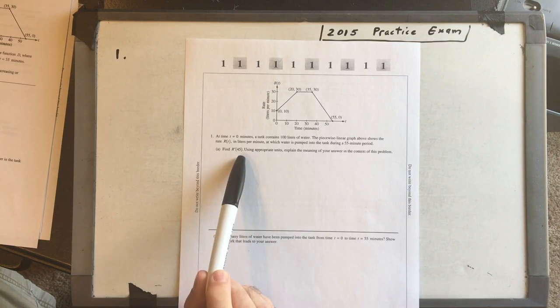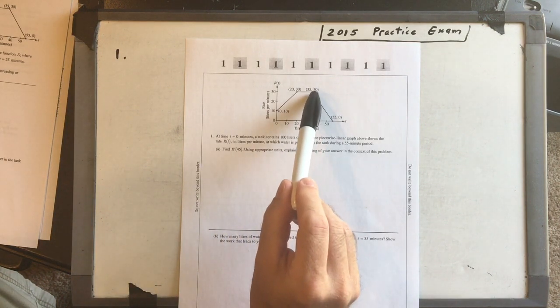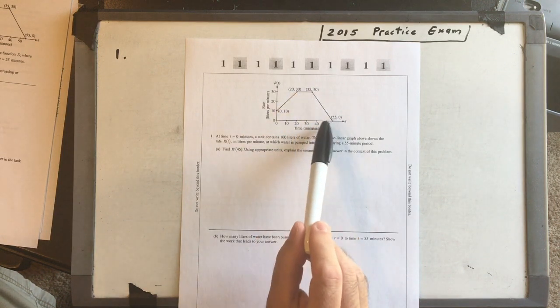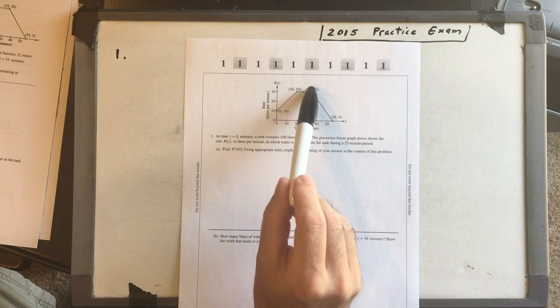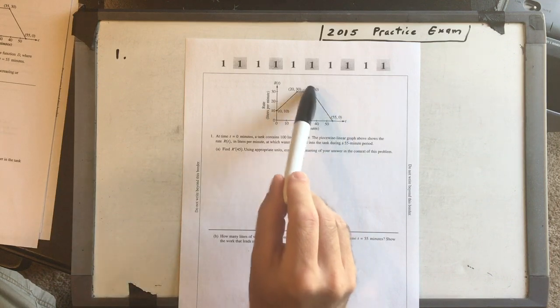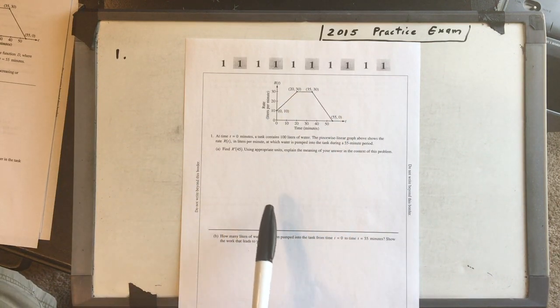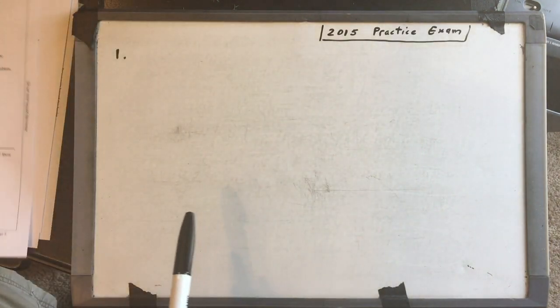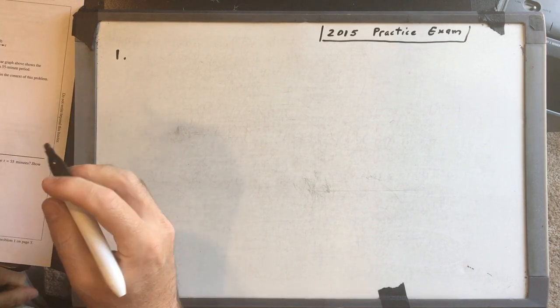But to get R prime of 45, what we need to do is get the slope of this line, because 45 lies on that line right there. Okay, so that'll give us R prime of 45, which R prime is just a slope.